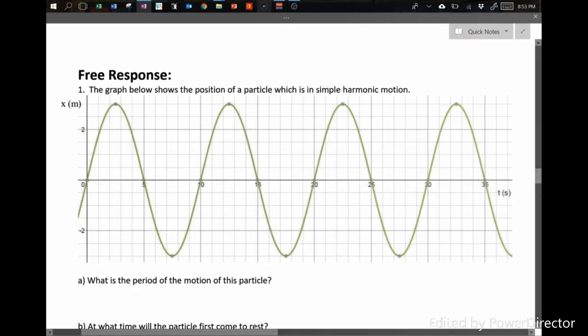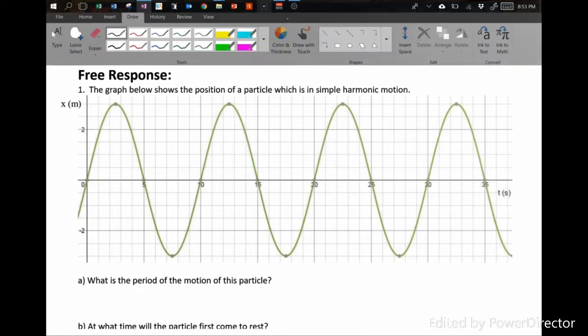We'll do information about velocity in black marker. Velocity, because this is a position versus time, is going to be the slope of position versus time.